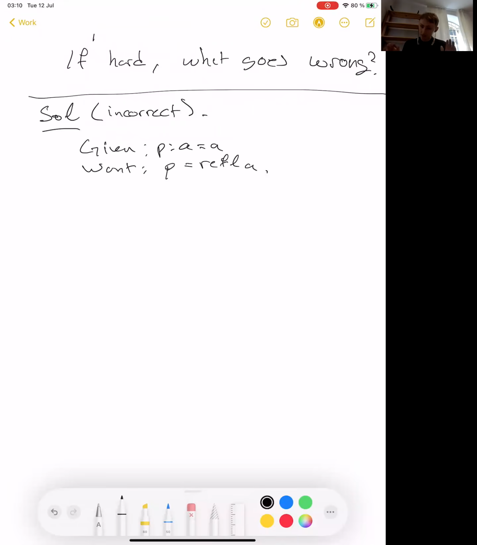Please keep in mind this is incorrect, but what we would usually do is, okay, we have a path between two points, apply identity elimination on P. This replaces it by refl, right? So P gets replaced by refl.